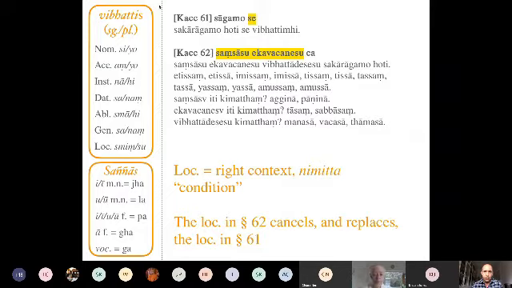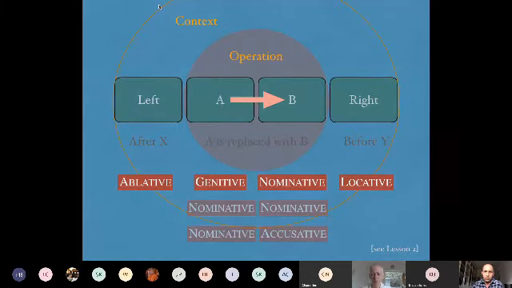In Kaccayana 61, you have the word se performing the function of the, if you remember the second session, this will be more or less how the structure of an operation works. In this case, it is a replacement, but in any other operations, the context works in the same way.